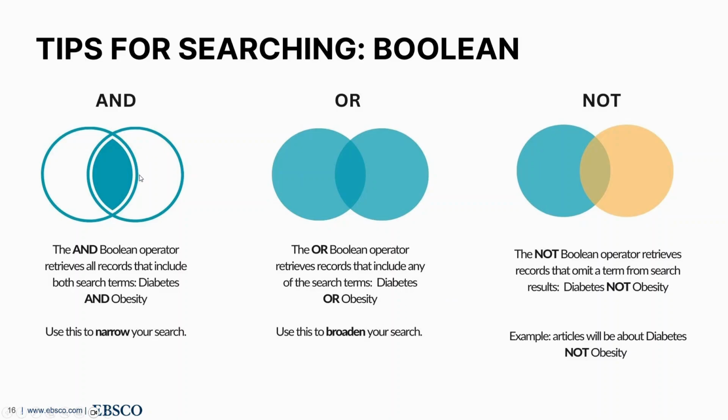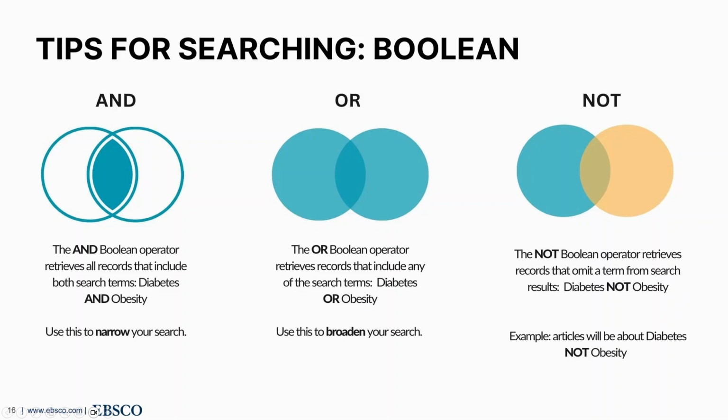So we have the AND Boolean operator, and this is used between terms to narrow your search, and will look for all records that mention both diabetes and obesity. You can also use the OR Boolean operator. In this case, the system will look for either diabetes or obesity, and it will broaden the search results.